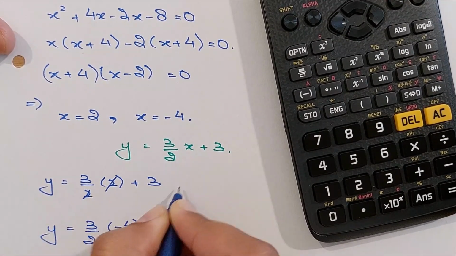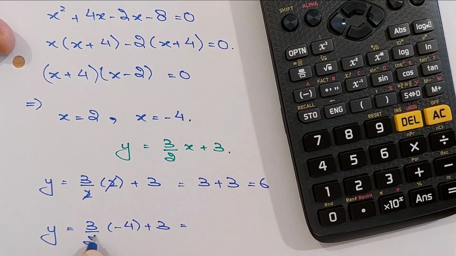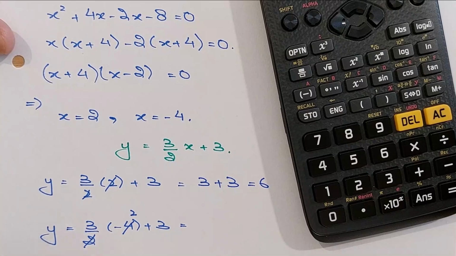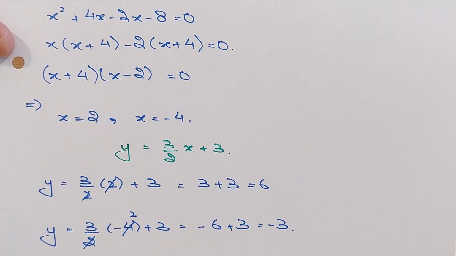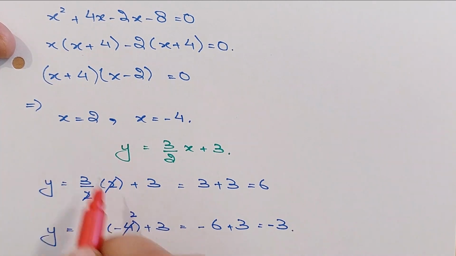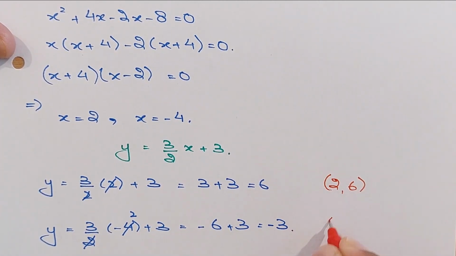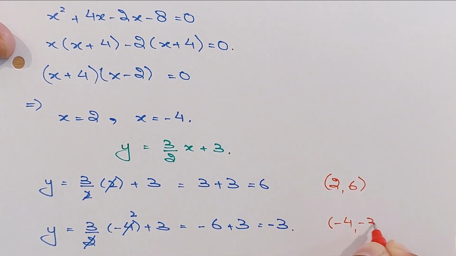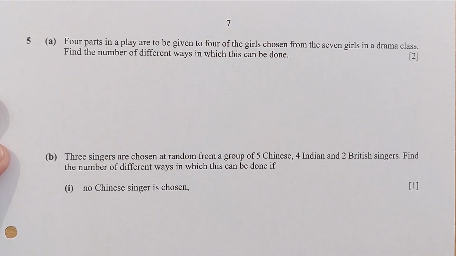So 2 is cancelled with 2, so 3 plus 3 equals 6, and 2 times 2 is 4, and 2 times 3 is 6. Negative 6 plus 3, this is negative 3, right? So the two solutions are, at 2 we have 6, (2, 6), and the other solution is (minus 4, minus 3). So these are the coordinates of the points where the line intersects the curve.